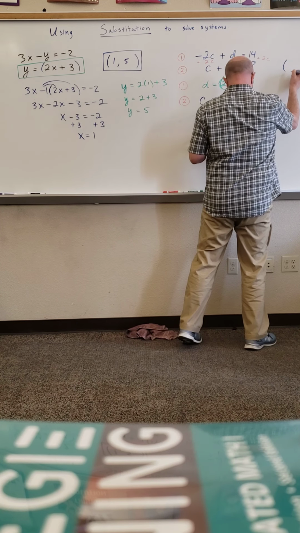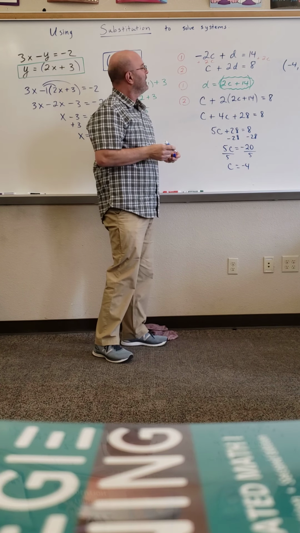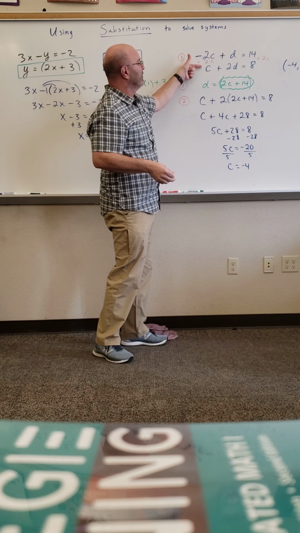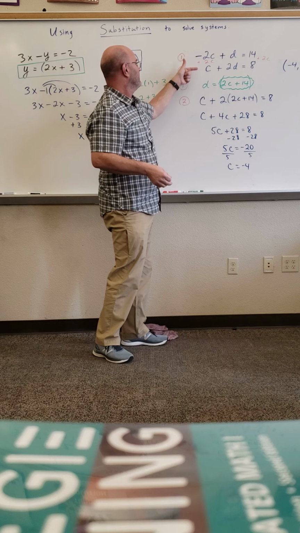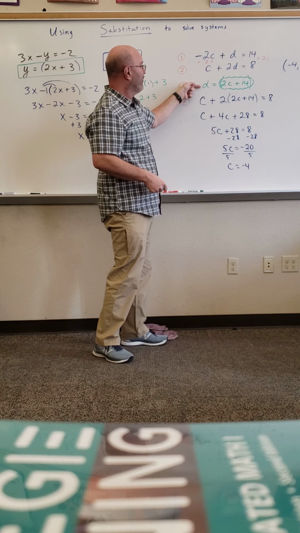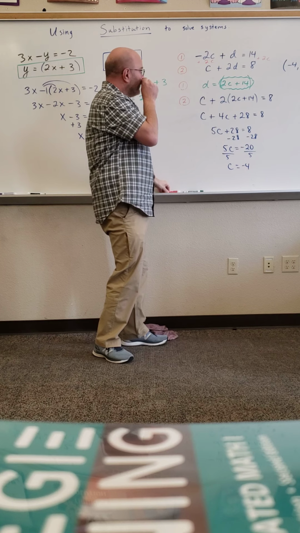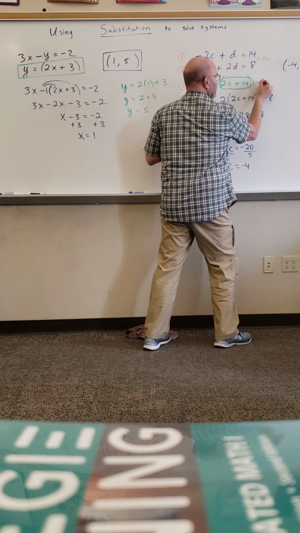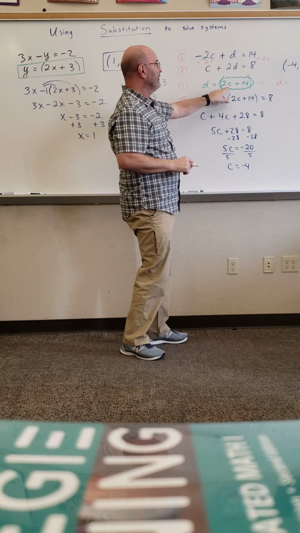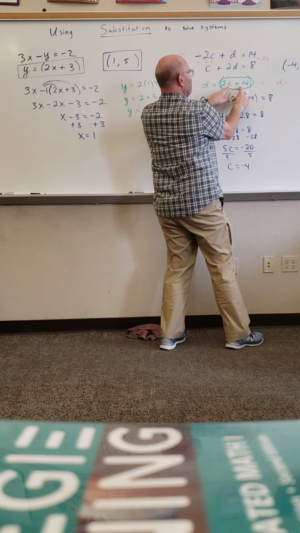We know our solution is going to be negative 4 comma something else, but we still need to know what d is, don't we? And once again, I can use either of the equations on top, but let's think about this. If I want to know what d is, doesn't equation 1 in this form where d is by itself going to work the best for that? So I'm just going to go just to the right here, and we're going to write d must equal 2c plus 14, but I know the c value is negative 4, so this equation is just perfect.